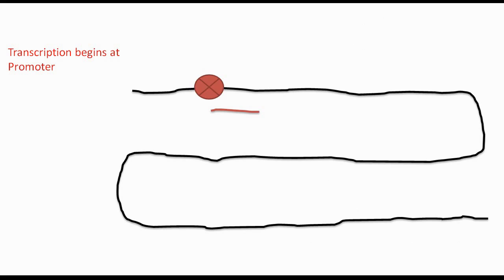So in the promoter site, the RNA polymerase enzyme binds to the DNA molecule, right? When it binds, it starts to read the nitrogenous bases present in the DNA. It gradually starts to read, and when it is reading, it is copying the DNA into another form called RNA.